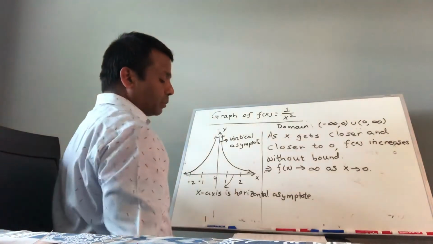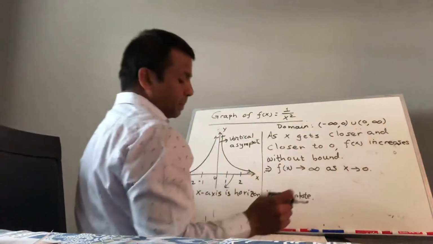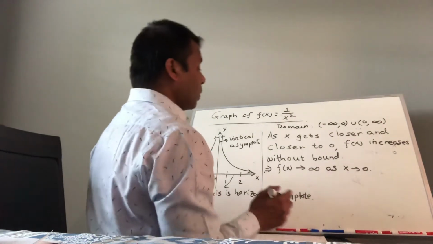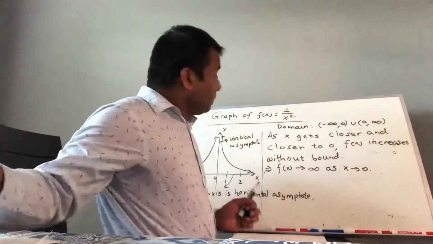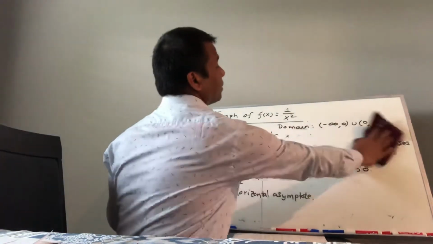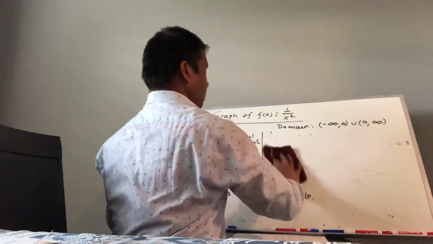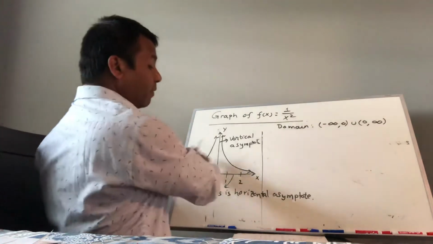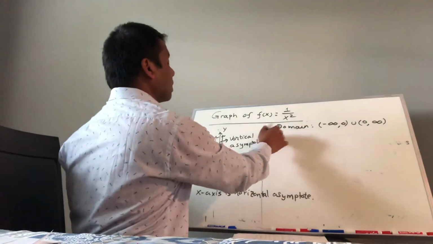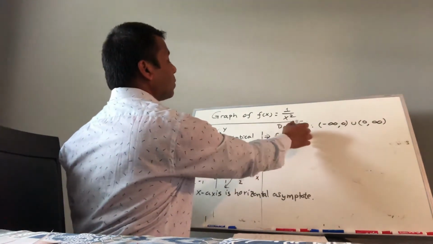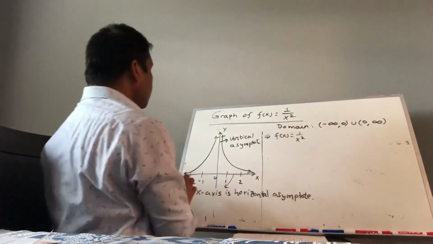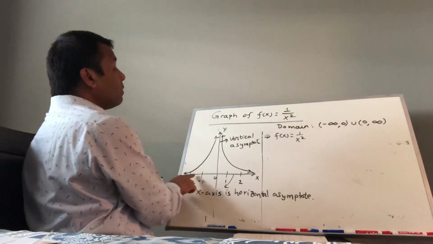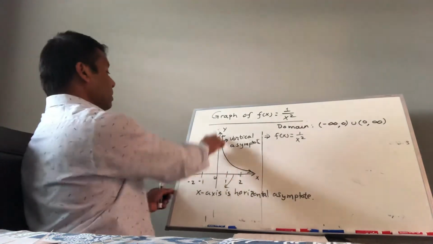Okay, so if you look here, the function f(x) equals 1 over x squared increases on the open interval negative infinity to 0. You see that the graph increases, right?